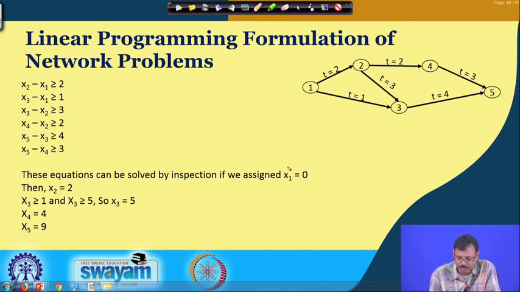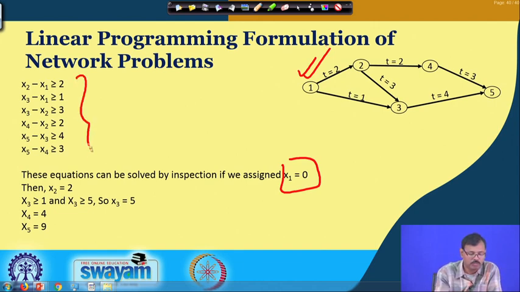If we assign x_1 equal to 0, that means you are starting at time 0. In the given formulas, all are considered as equalities. So, you can get x_2 greater than or equal to 2, and that is the minimum value. Similarly, x_3 equals 5, because x_3 must be greater than or equal to 1 considering one equation, and x_3 must be greater than or equal to 5 considering the other.